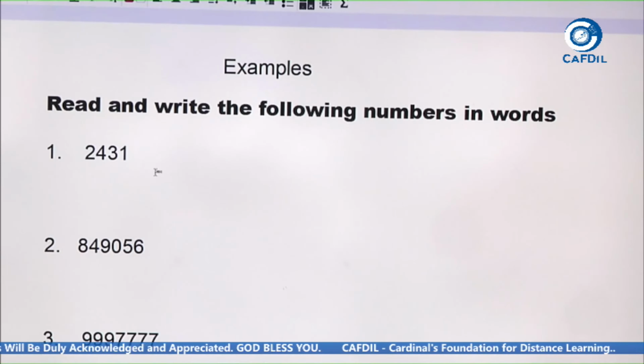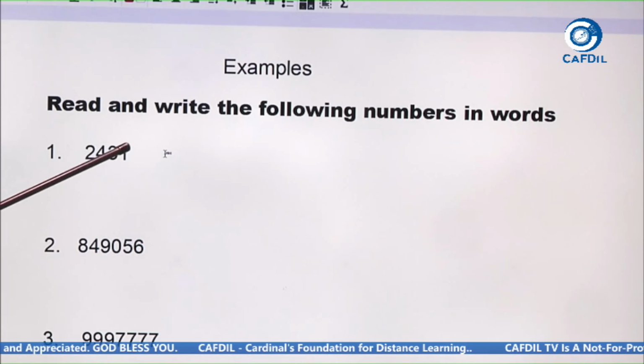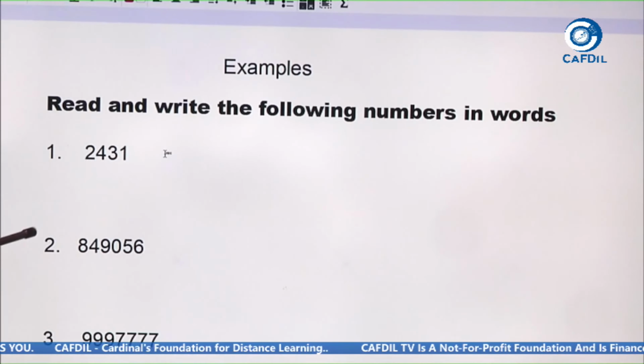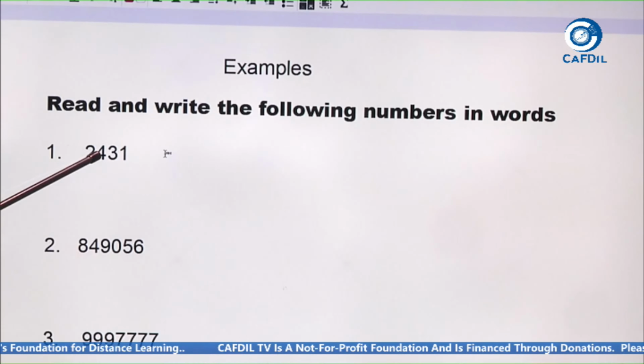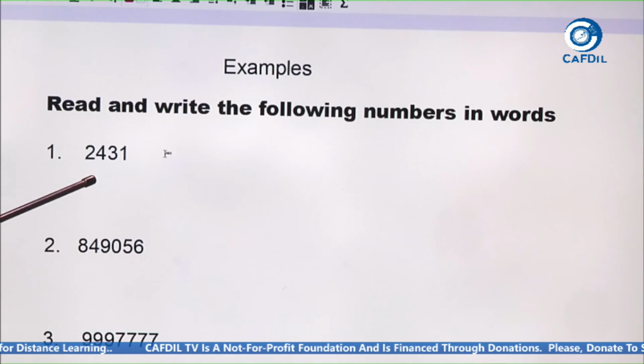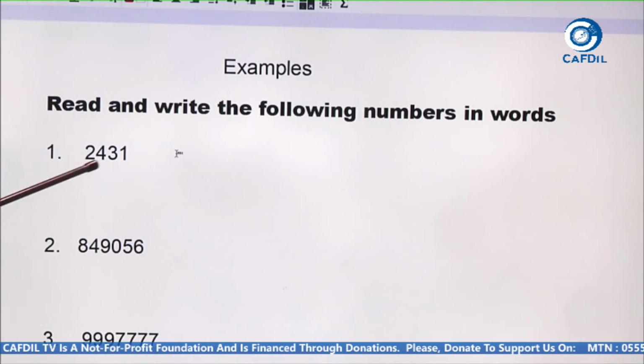The first step says, before we can read this, let's group the digits. Let's separate it, either with a comma or a space. So here, let's put a comma.